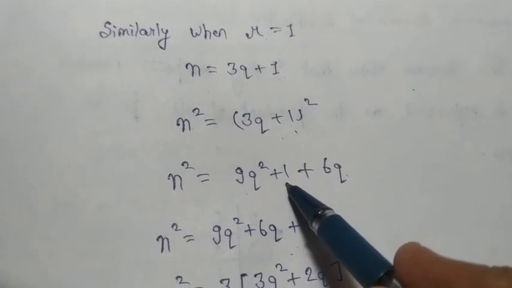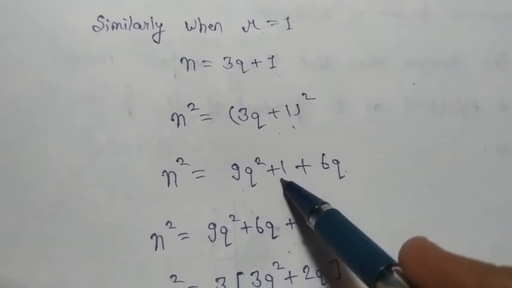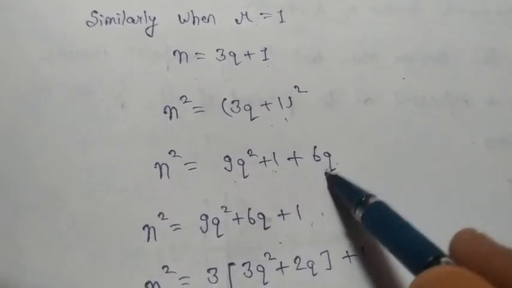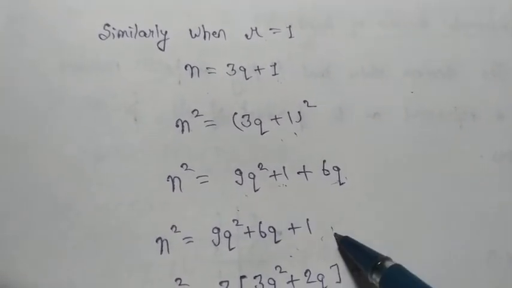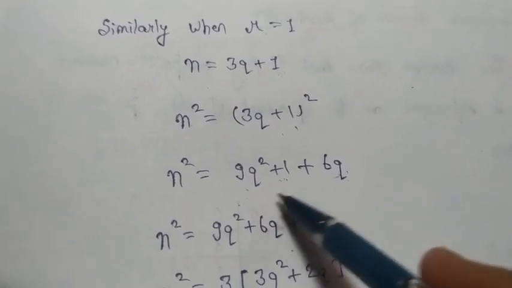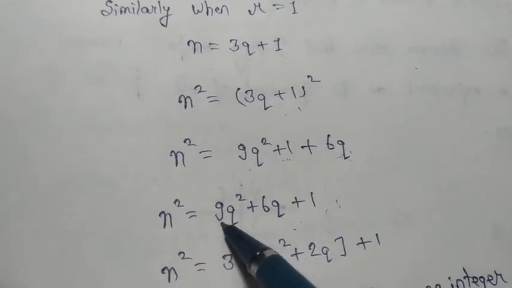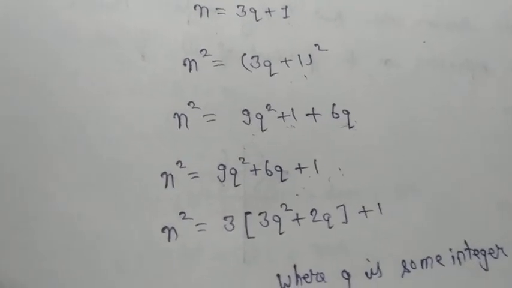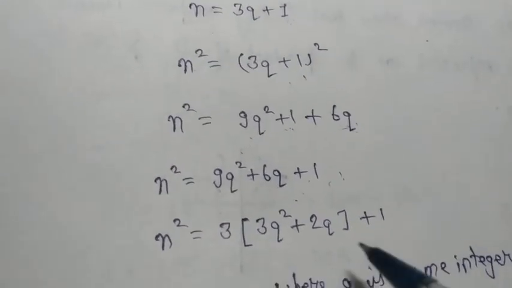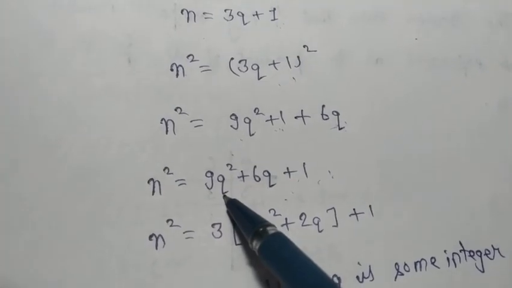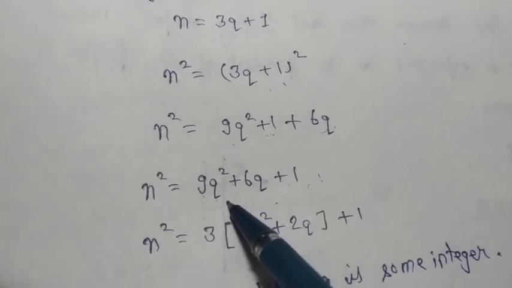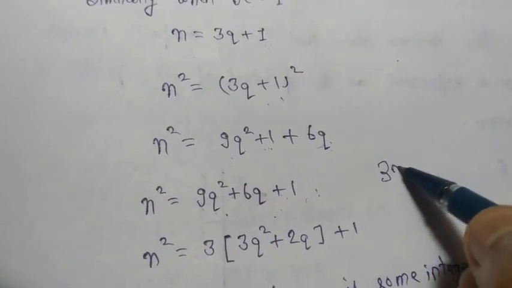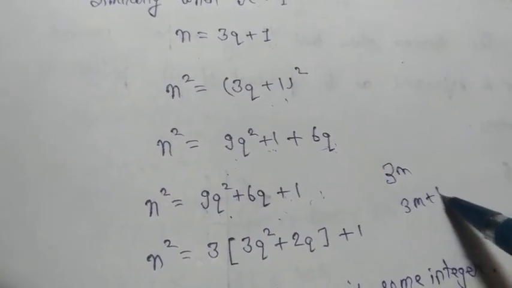So I will separate this 1 here and I will take these two together. I am writing it separately and taking these two together. Okay, so n square will be equal to 9q square plus 6q plus 1. Now students, see, q was a positive integer, and we have to represent the square of any positive integer in either 3m or 3m plus 1 form.